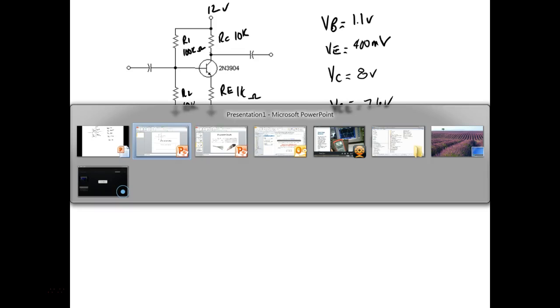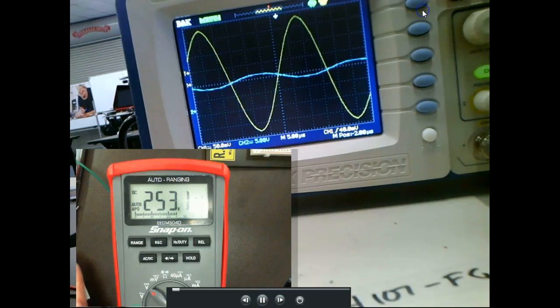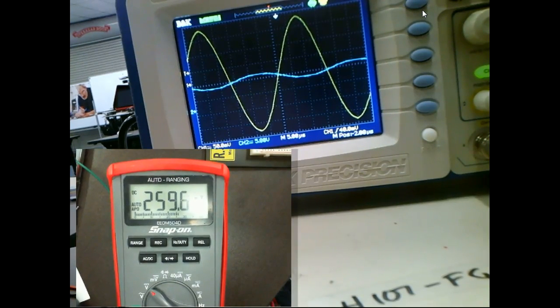So let's see how good y'all did. So here's the meter. So here is VB. About 1 point.